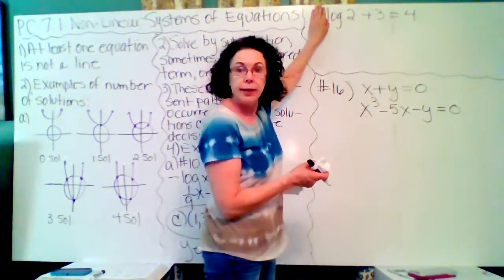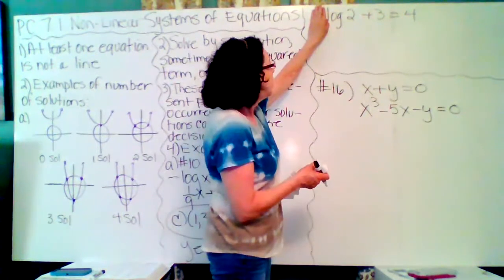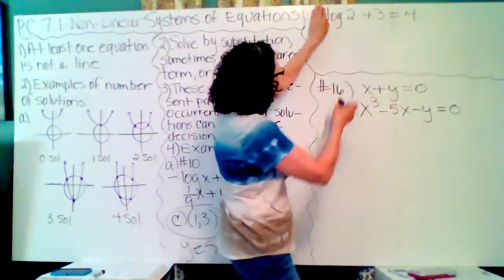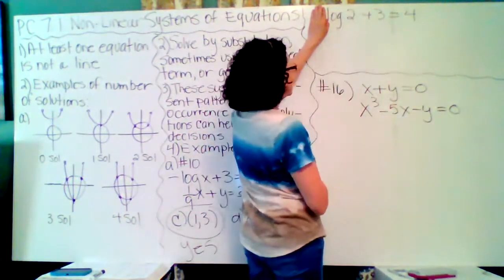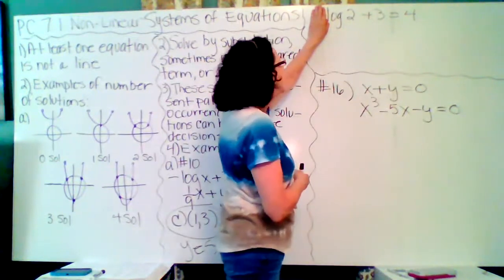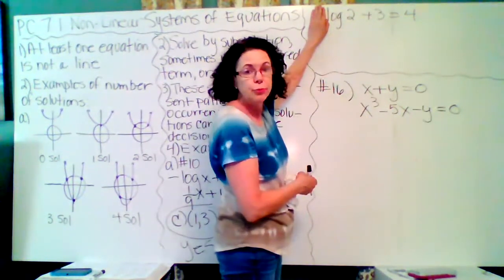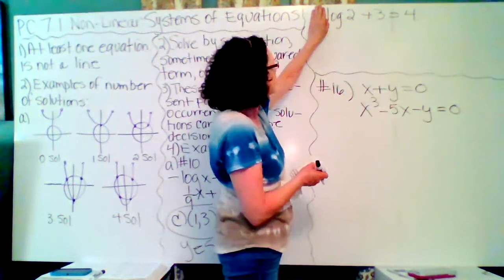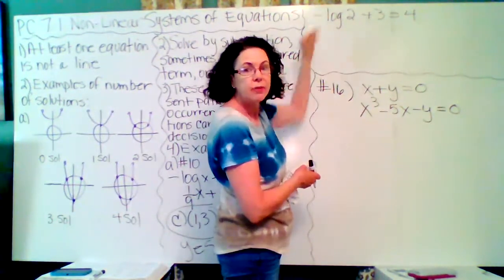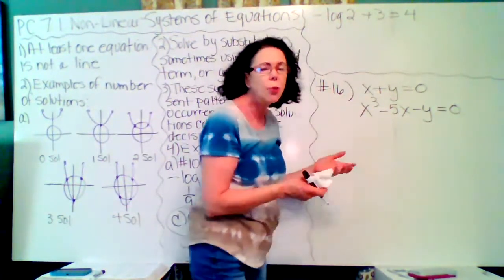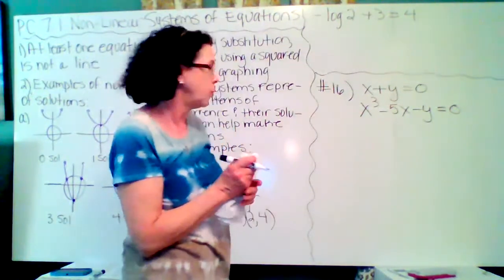Well, not an integer answer, right? Certainly this would have to work out to be a 1 in some way, and that's not going to happen. So log of 2, if you put it in your calculator, you'll see is a decimal, and now it's a negative decimal, and there's no way when I add it to 3, I'm going to get a 4.